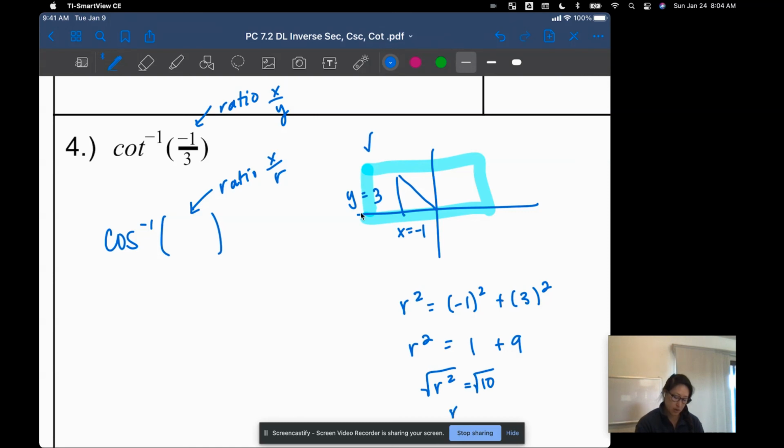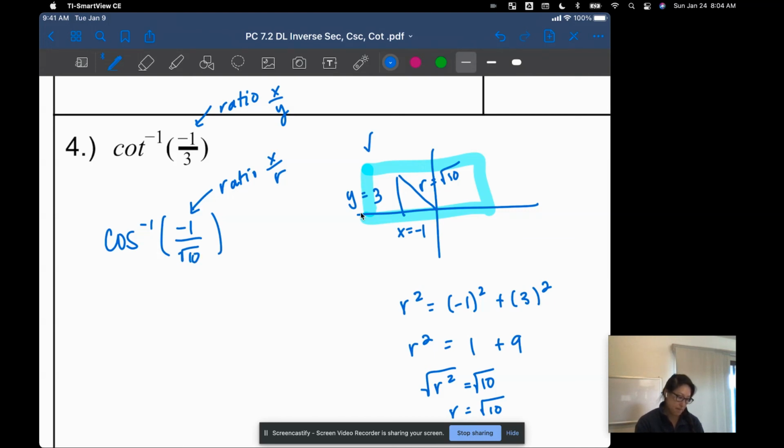So r is equal to root 10. Okay, root 10. So to set up my cosine ratio, I'm going to use negative 1 over the square root of 10.